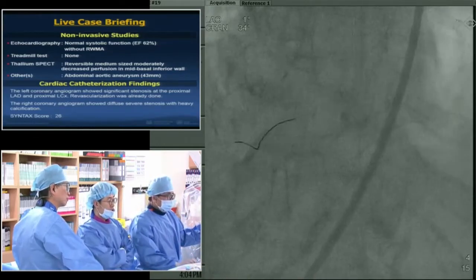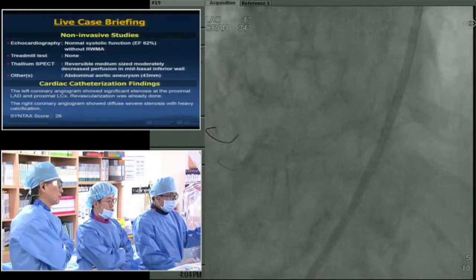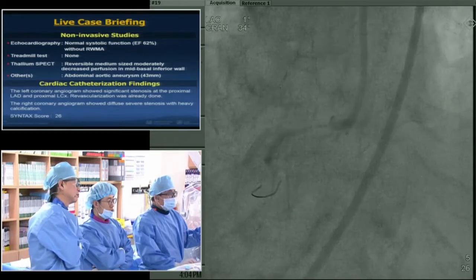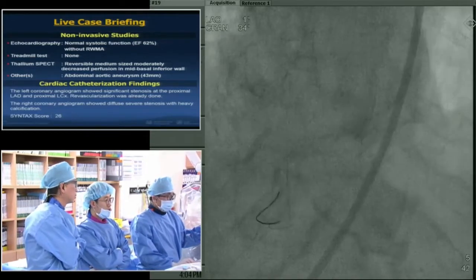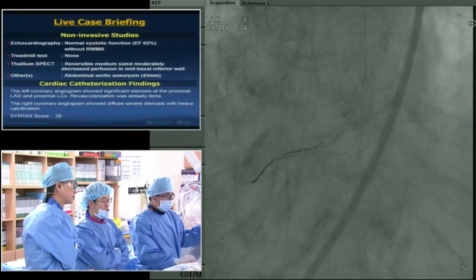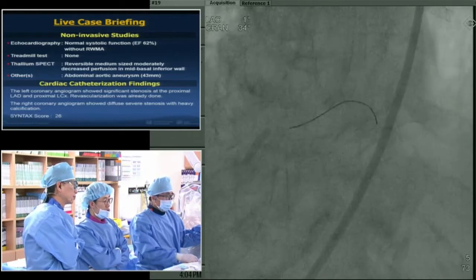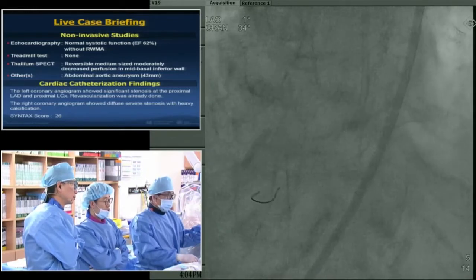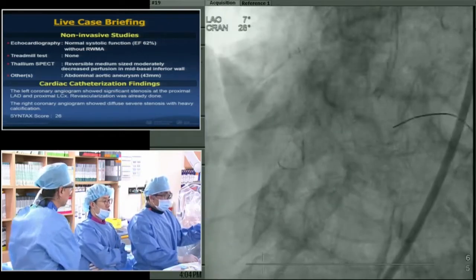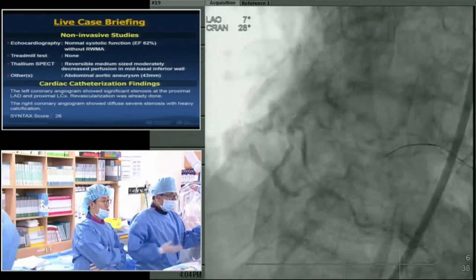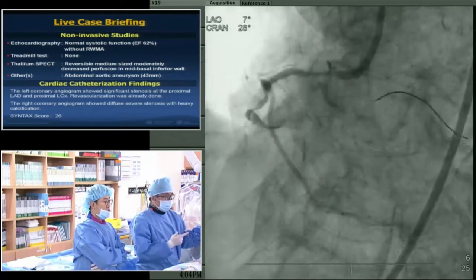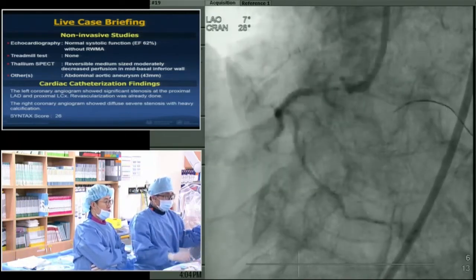As you can see, we put the wire at the distal portion. This is a Sion wire going through. Not too much difficulty? Yeah, it was relatively easy. Great. But suddenly the patient feels some chest pain, and you can see the flow is compromised to the distal.